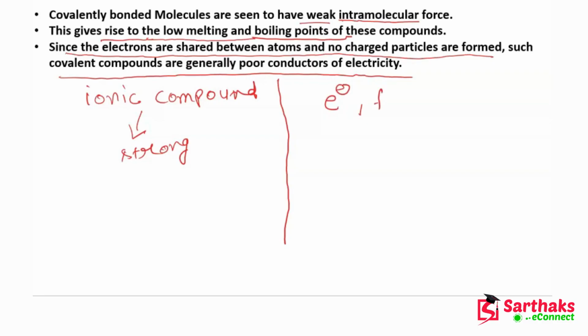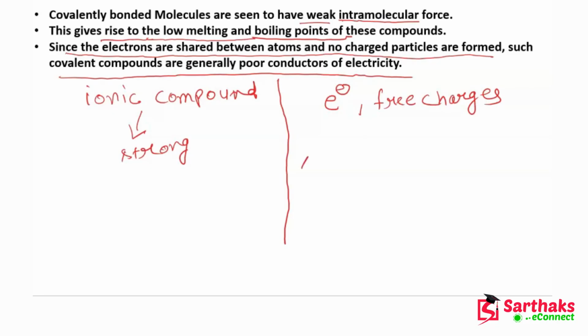Free electrons or free charges or free ions. If these are not free, the electricity cannot be conducted. In covalently bound compounds, there are no free electrons or charged particles, so that's why these are poor conductors of electricity. I hope this point is clear to you.